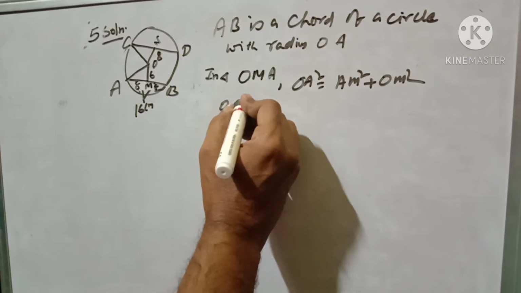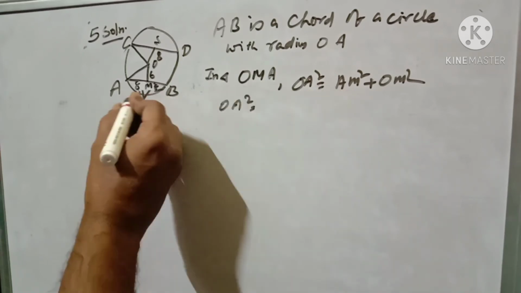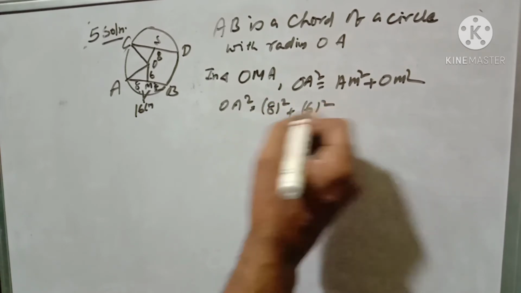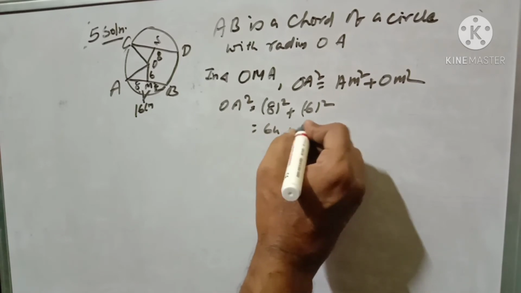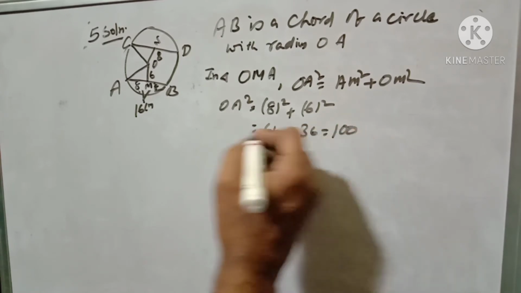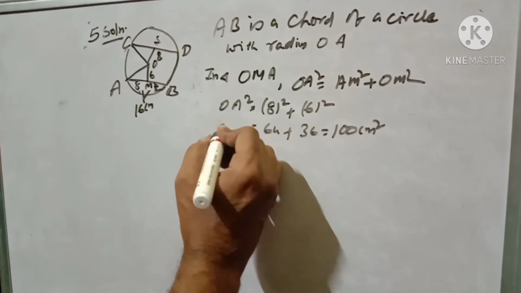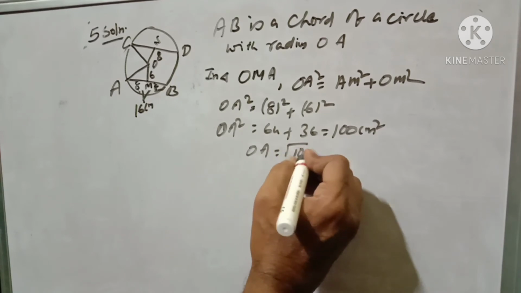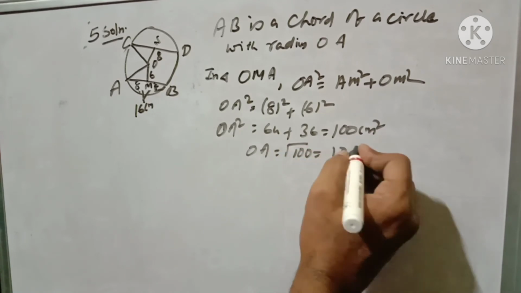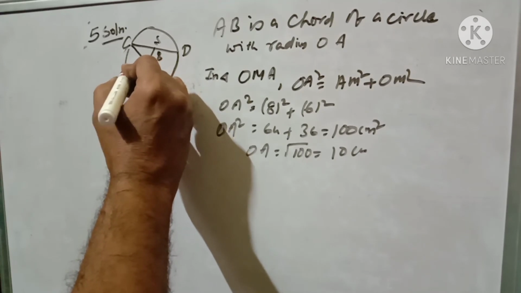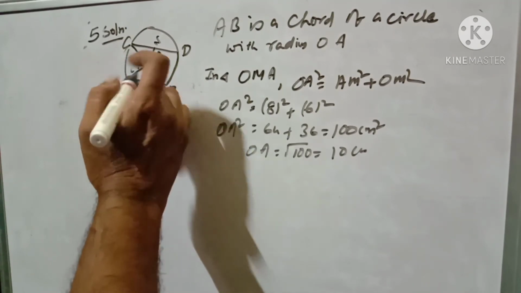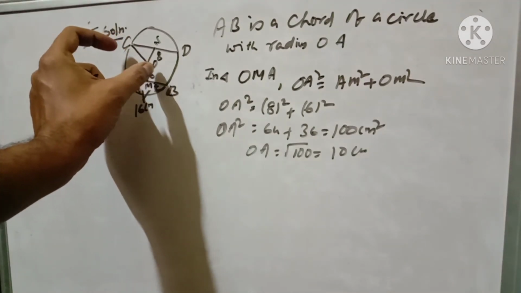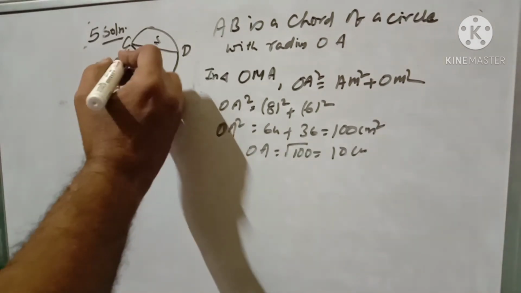So OA square equal to AM is 8 square plus 6 square. This is 64, this is 36, equal to 100 centimeter square, the value of OA square. Therefore OA equal to under root 100, means 10 centimeters. This part I got, 10 centimeter. Now OA is 10 centimeter, and this is also radius OC, so this will be also 10.